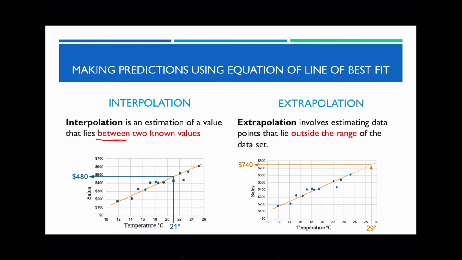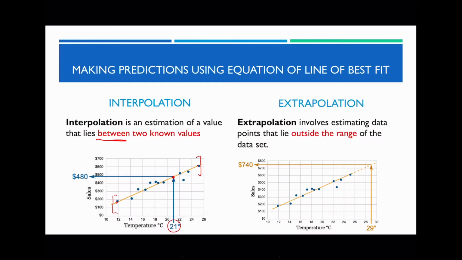So anything that lies within the data set is interpolation. For instance, finding the total number of sales you made when it's 21 degrees is an example of interpolation, because the value you're trying to find is within the lowest and the largest data values.